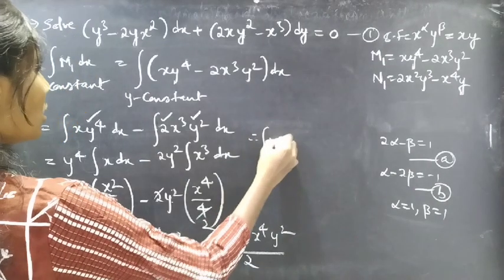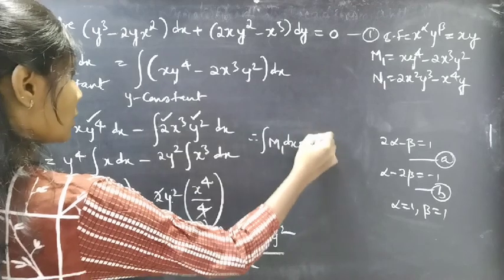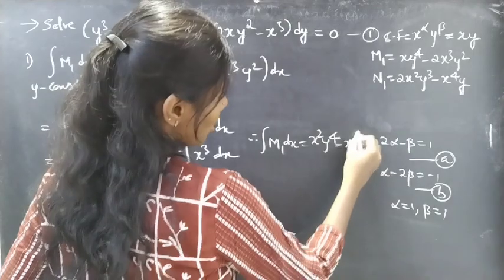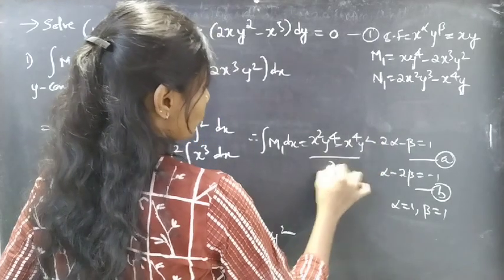Therefore, integral M1 dx equals x square y power 4 minus x power 4 y square by 2.